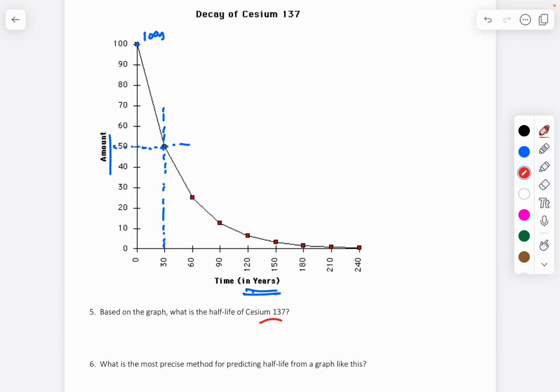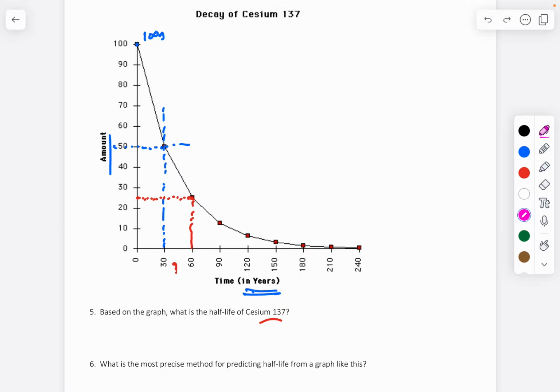Okay, so now we want to know, is it always 30? So we're going to go from 50 to 25. 25 is right here. You can see that 30 years has passed.